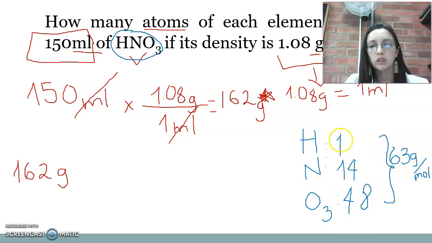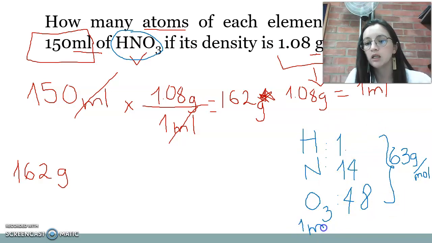Whenever you do this process of calculating the molar mass, your units must be grams per mole, because remember that when I am doing this process, I am calculating the molar mass. It's equal to the mass of 1 mole. So by calculating this, I am saying, okay, 1 mole is equal to 63 grams.